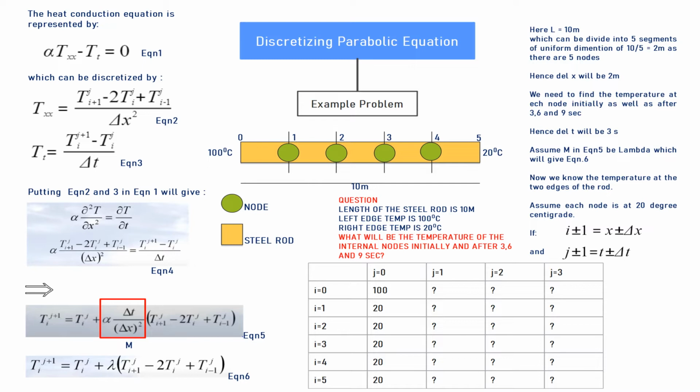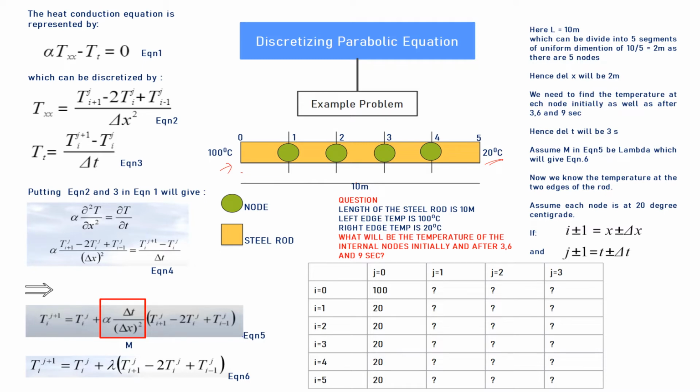Right? So this is what we want to know for that steel rod and its nodes. Overall, this is the problem. So this is the rod. I have applied some temperature, 100 degrees centigrade here, and on this side the temperature is 20 degrees centigrade. So the heat will flow from this side to this side, right? Earlier I discussed an 8-meter length of rod, so let us say this is a 10-meter length.